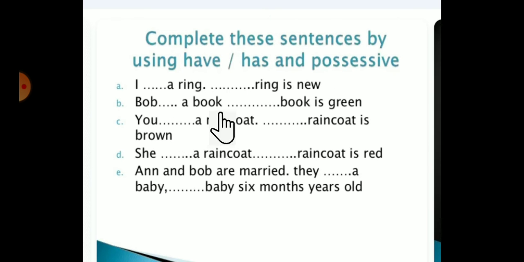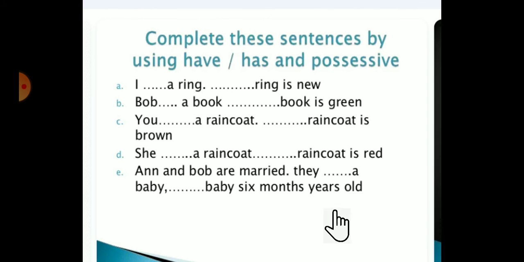Bob has a book and his book is green. Okay. You have a raincoat and your raincoat is brown. She has a raincoat and her raincoat is red. Okay. Anne and Bob are married. They have a baby and their baby is 6 months old.